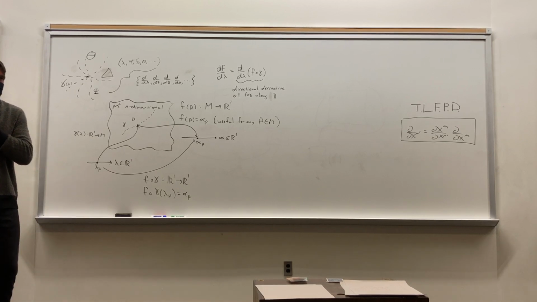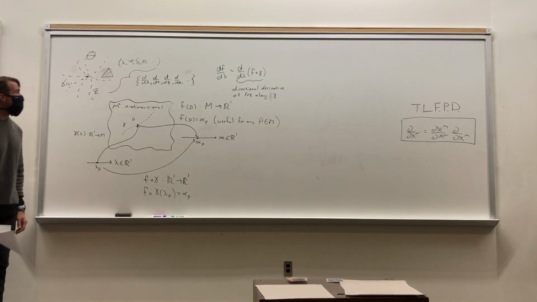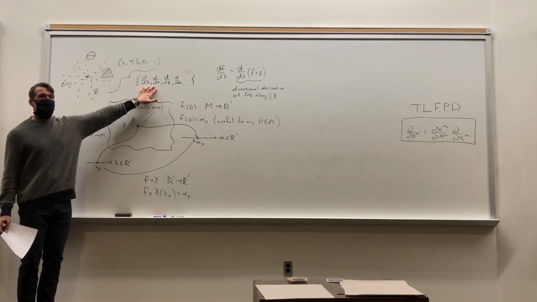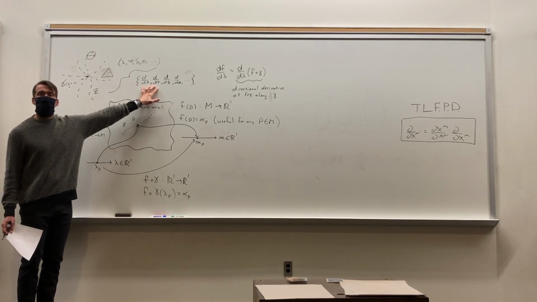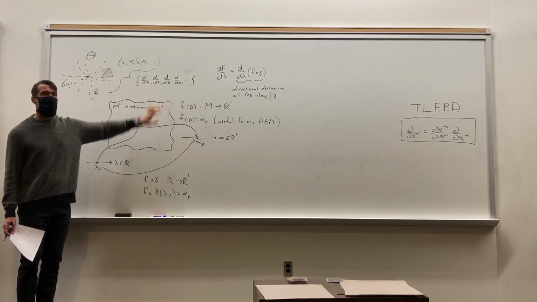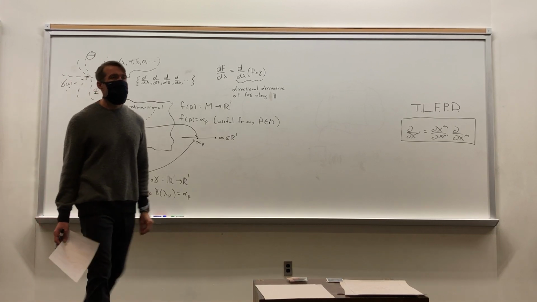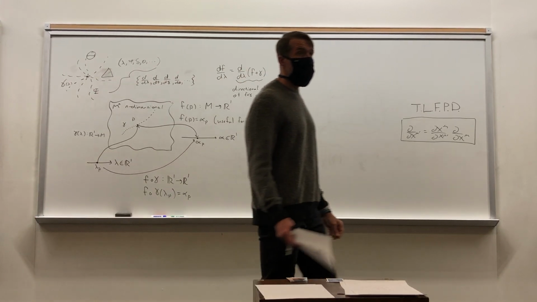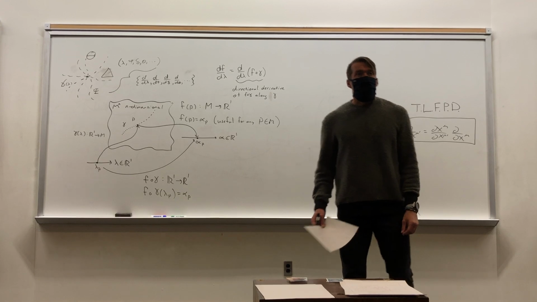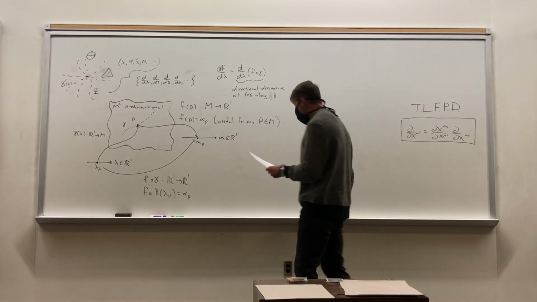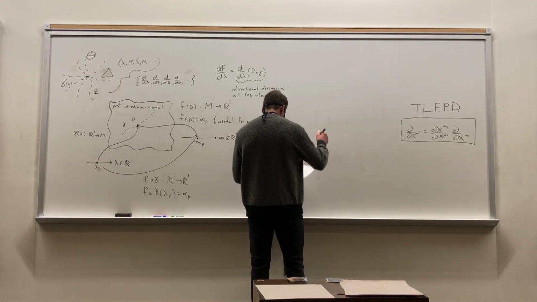Okay? Now here's the interesting observation. This set of derivatives forms a vector space. Does anybody remember what it means to define a vector space? Or what is a vector space? I'll give you a couple of rules that vector spaces have to satisfy.